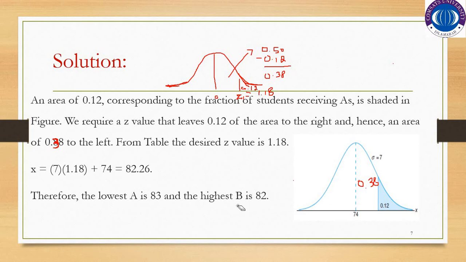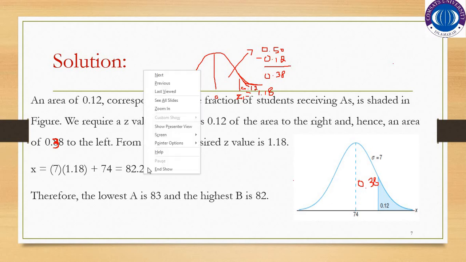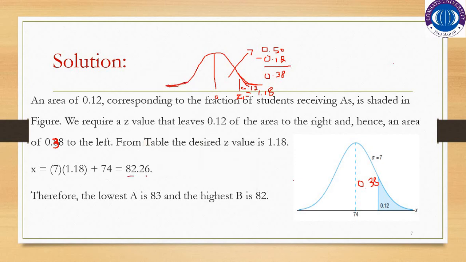So what we get here is X is equal to 82.26, and you can see from here that this area will contain the A grade, and below this point will be B grade at some particular level, but we have to find the highest possible B, so it should be close to somewhere here.